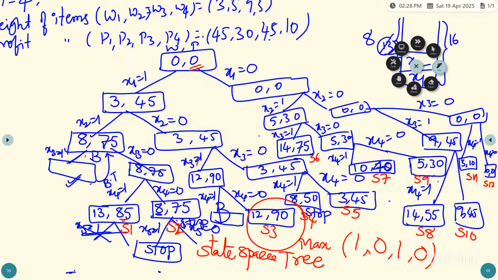After this, one more next application: graph coloring.